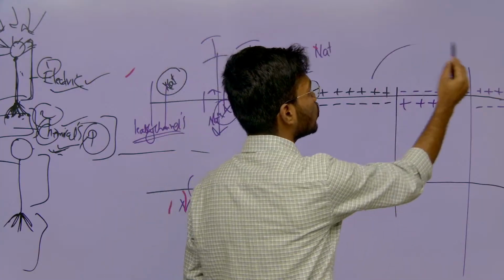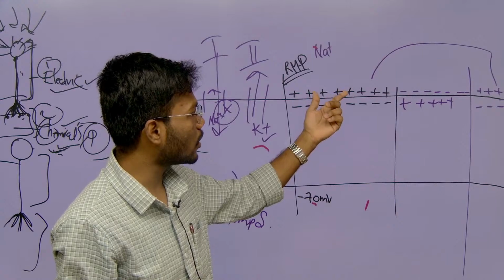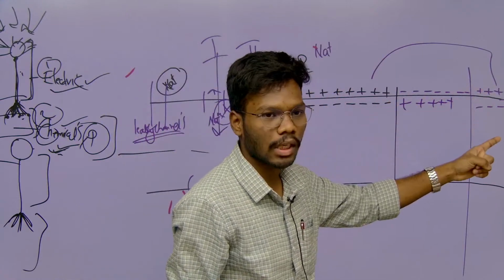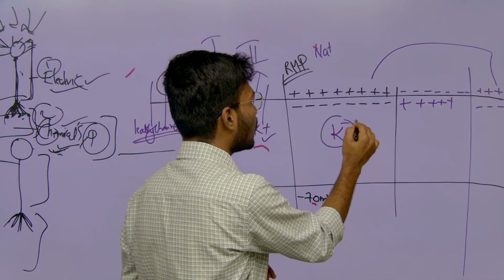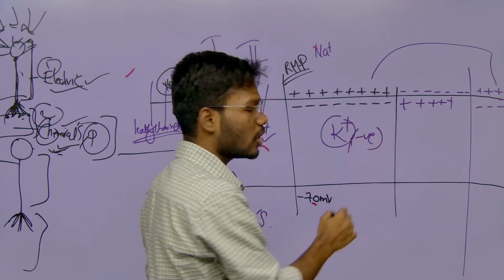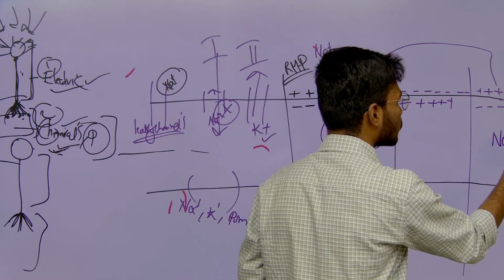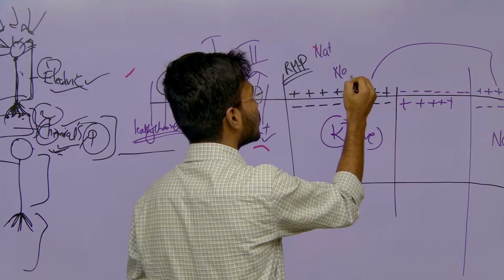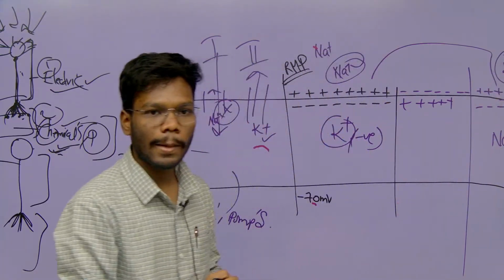If you see these two states, the charges are the same, but the difference is that here the negative is due to K+ and uncharged ions, but here it is due to Na+.